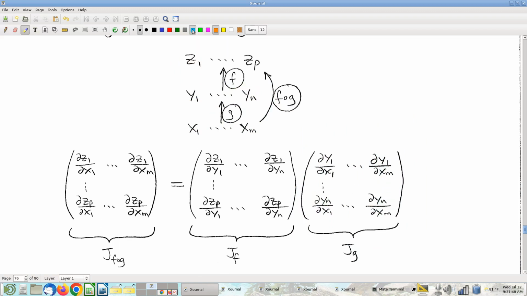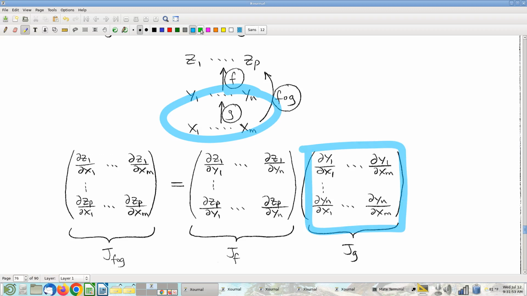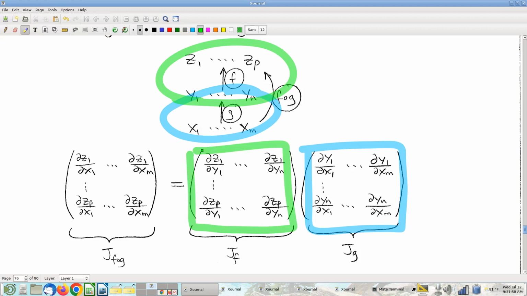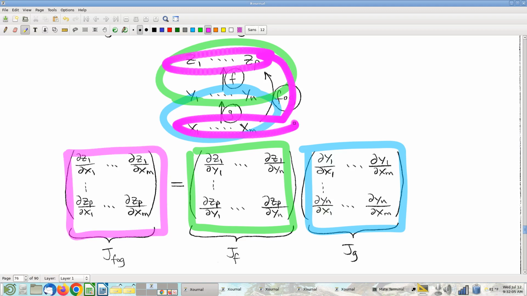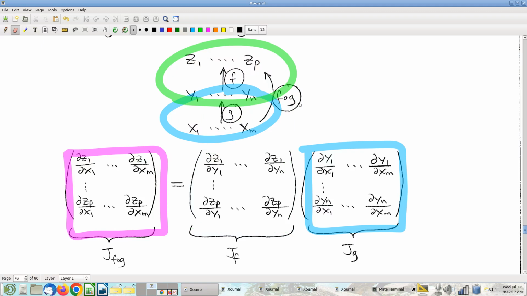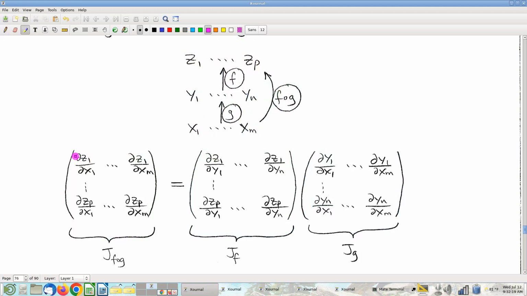So again, this Jacobian matrix, these are called Jacobian matrices, times this Jacobian matrix gives you the Jacobian matrix of the composition, namely all of the partials of the eventual outputs with respect to the original inputs. So, a fantastic little bookkeeping tool. This organizes so much. This is a whole bunch of different instances of the chain rule all in one equation.